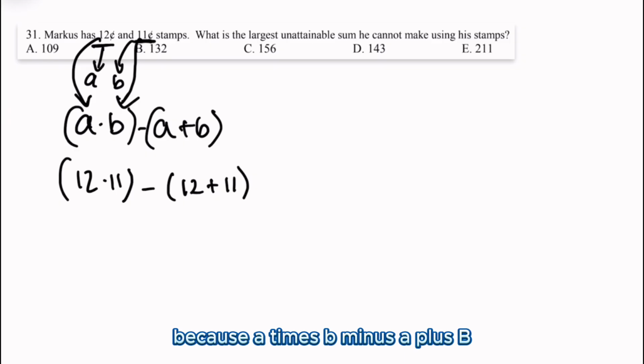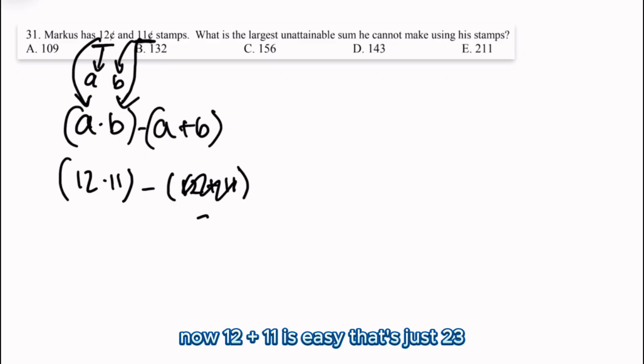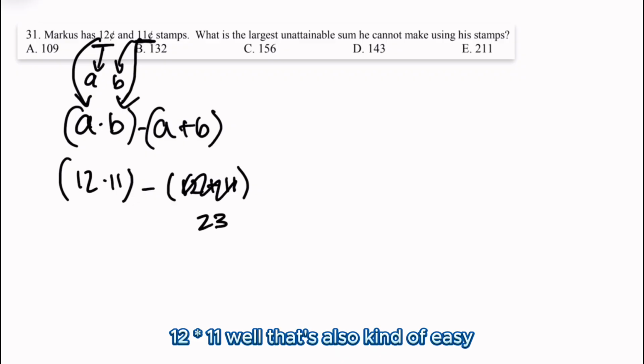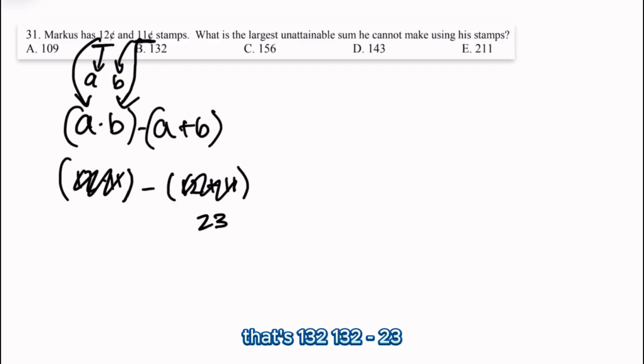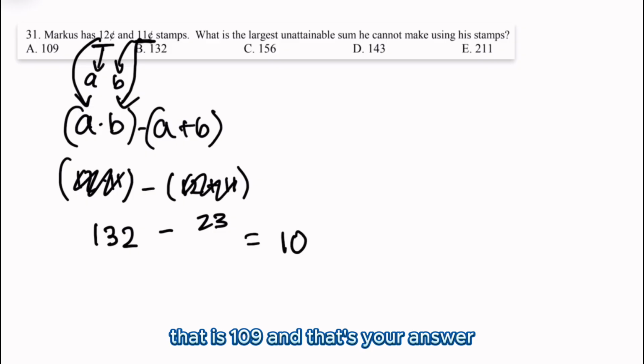Because A times B minus A plus B. Now, 12 plus 11 is easy. That's just 23. 12 times 11, well, that's also kind of easy. That's 132. 132 minus 23, that is 109. And that's your answer.